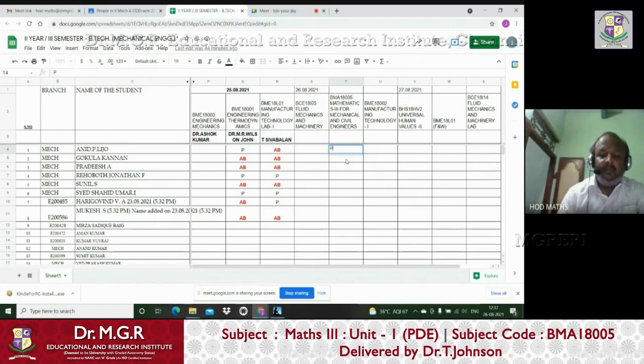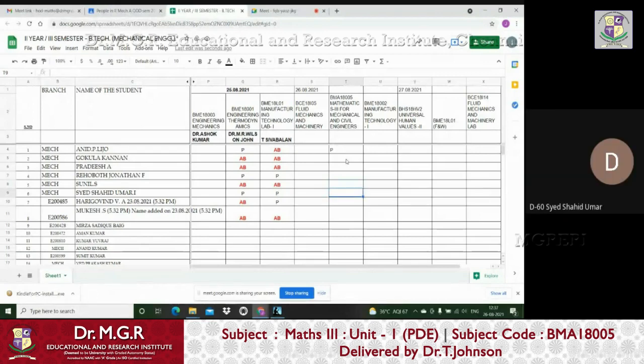Gokulakannan, are you there? Gokulakannan, not. Pradesh? No. Jonathan? Jonathan is also not there. So absent only. Jonathan? No reply. Sunil? No reply. Syed?